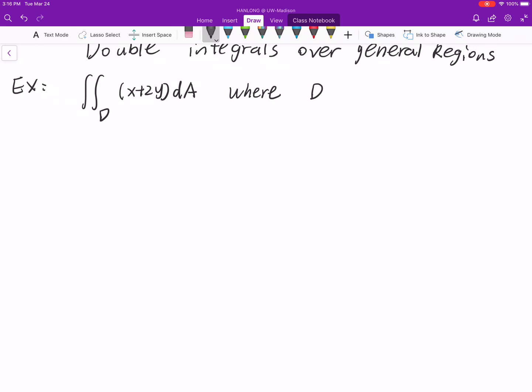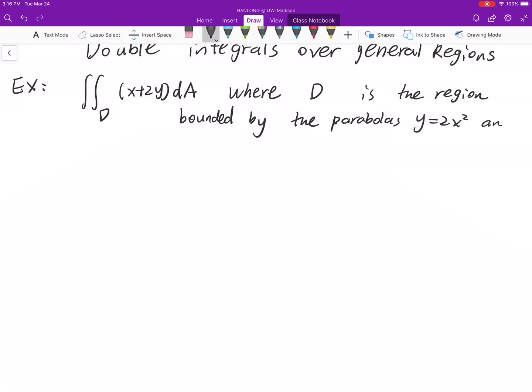So here D is the region bounded by the parabolas y equals 2x squared and y equals 1 plus x squared. Evaluate.